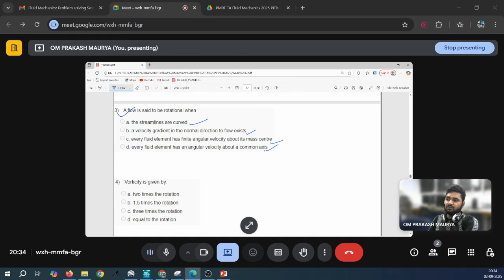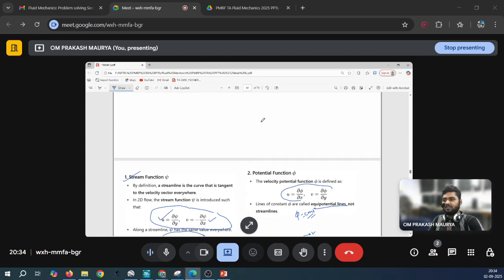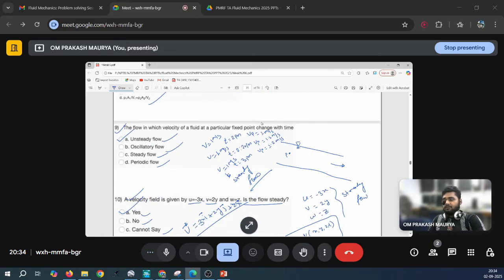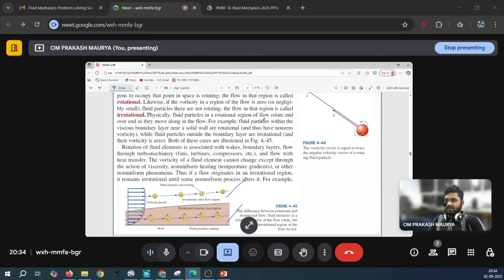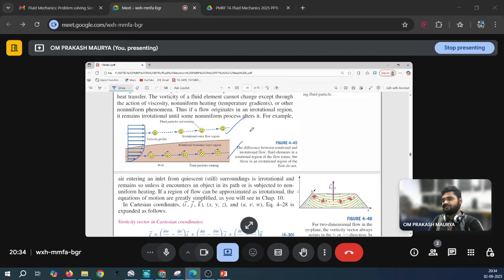A flow is said to be rotational when, just think a little bit, rotational means the flow is rotating. Let me just show you the expression. Physically, here you can see this is your rotational fluid particle.